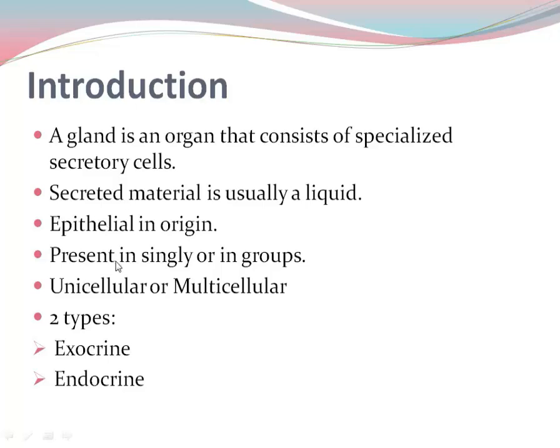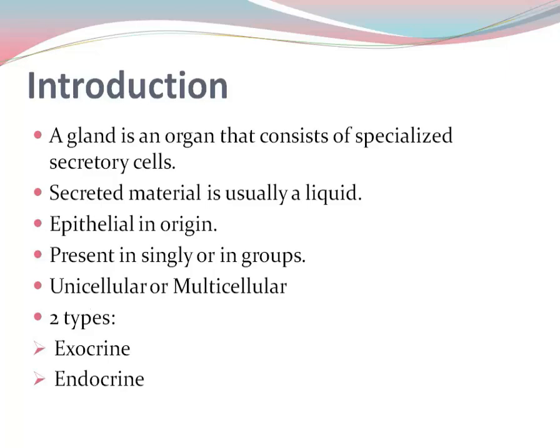All these glands' secretory cells are epithelial cells. Either a single secretory epithelial cell works as a gland, or a group of cells works as a gland. So they are either unicellular or multicellular.